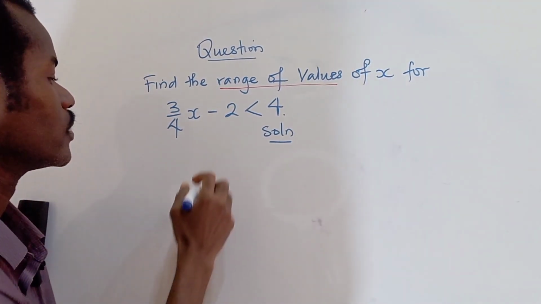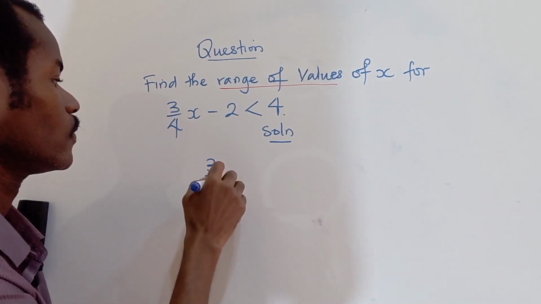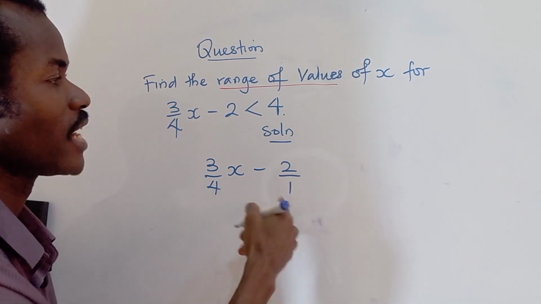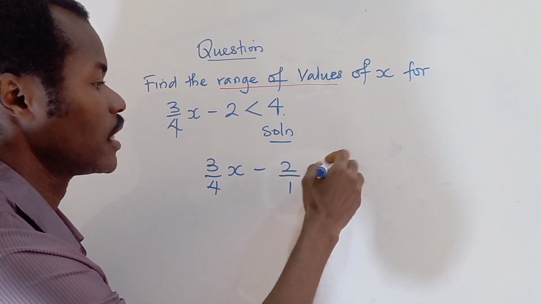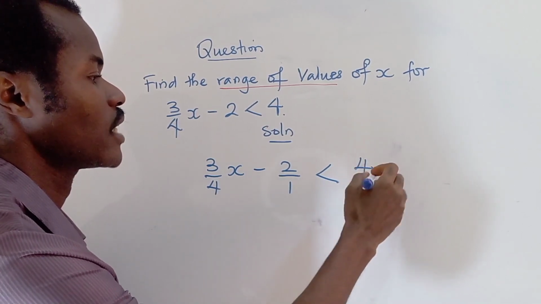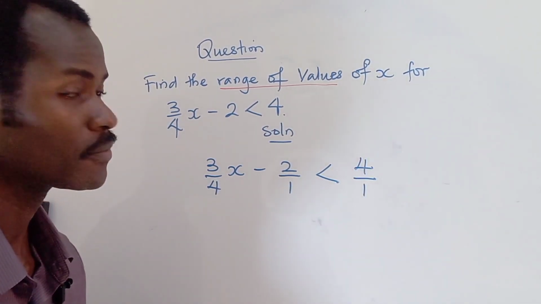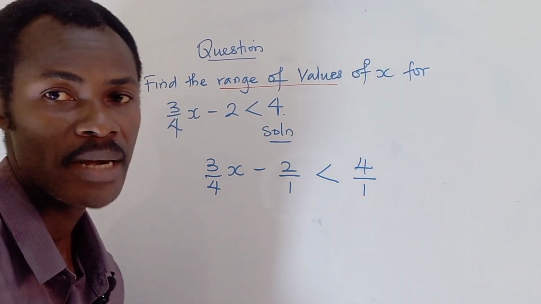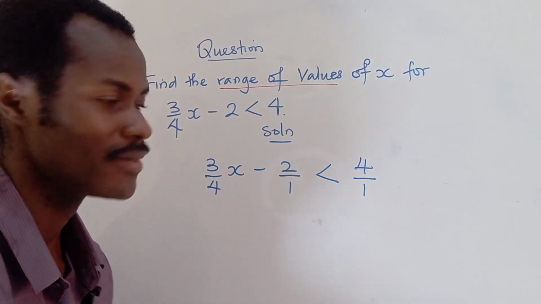So the first thing to recognize is we have 3 over 4 x minus 2. We can write this 2 as a fraction, 2 over 1, is less than 4, which I can write as 4 over 1. Now, whenever you have fractions like this, you want to remove them by multiplying through by the LCM.